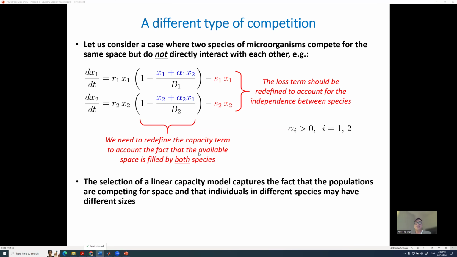We introduce a linear term with coefficient alpha that accounts for the geometrical or size differences between the two organisms that form the populations.